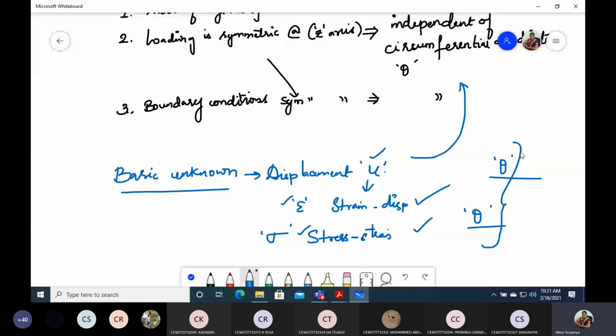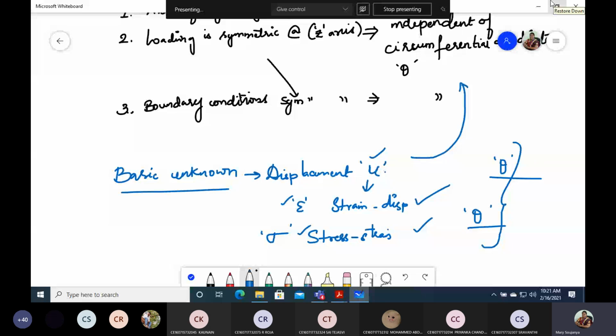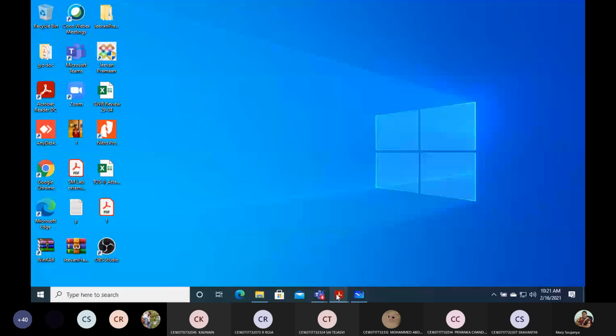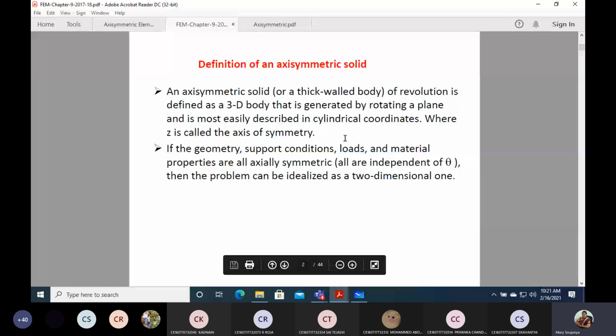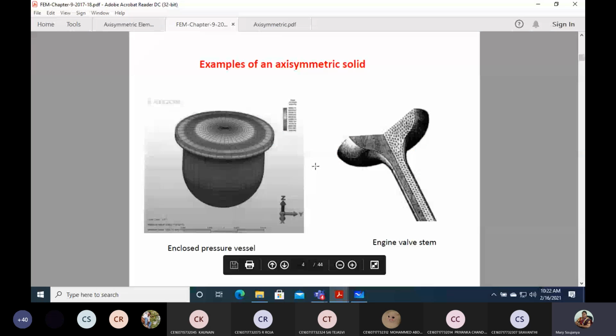The theta terms in them will become zero. We'll move forward taking this into account. I'll share this presentation, this PPT, with you, or you can find it online also. What we have seen till now is what is there.